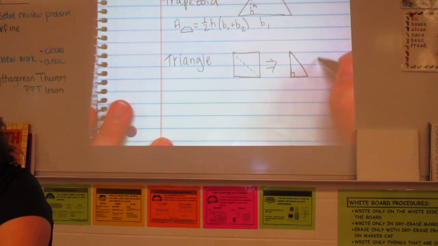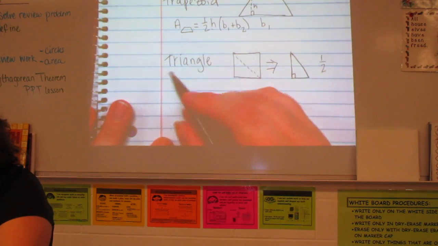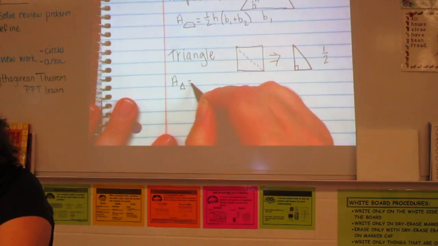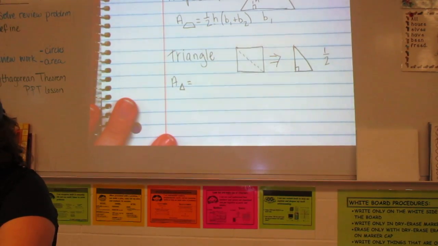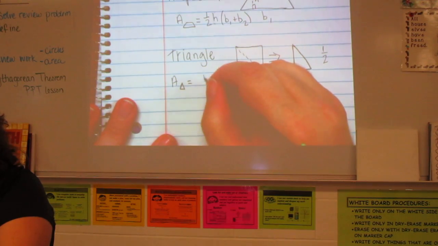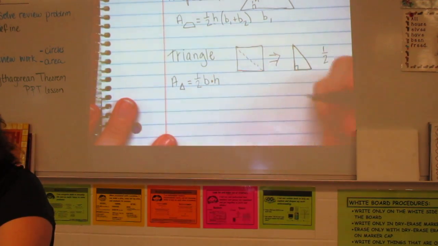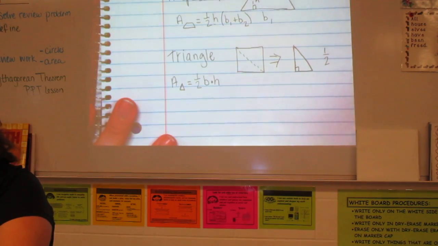Therefore, the area formula for a triangle is simply the area formula for a quadrilateral, base times height, and then you take half of it. So you either multiply by half or divide by 2.